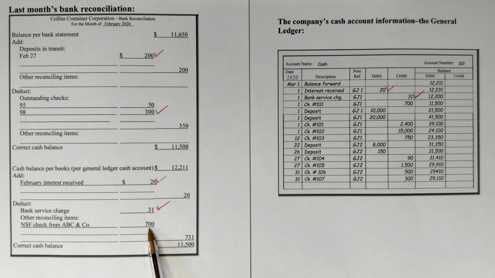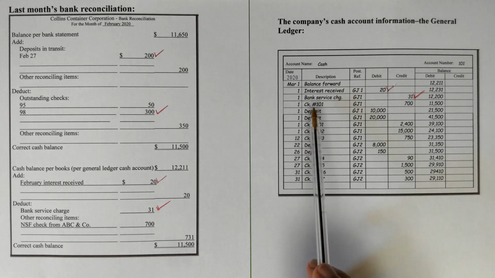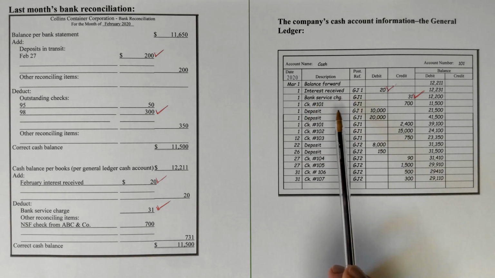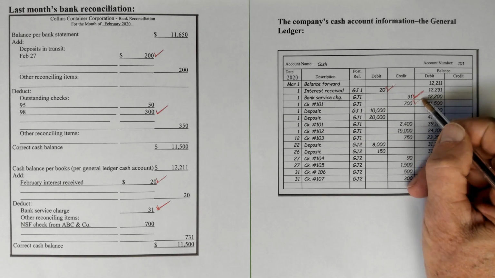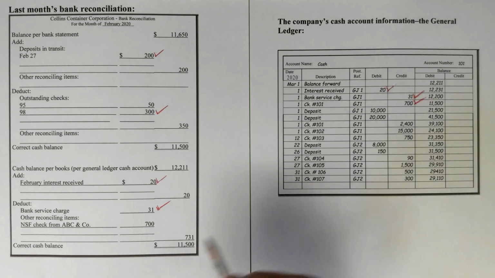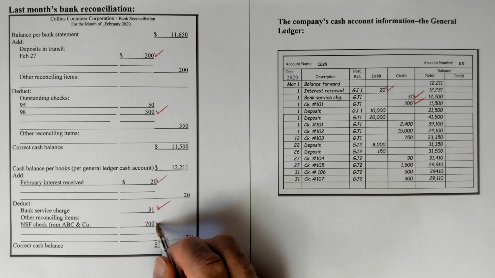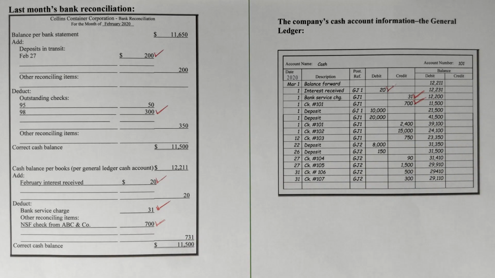We hadn't recorded that deduction on our books, so now let's see if the company ever recorded it. Oh yeah, check 101, that would be it. It's the customer's check 101, which is the non-sufficient funds check. We did record that. So there we go.